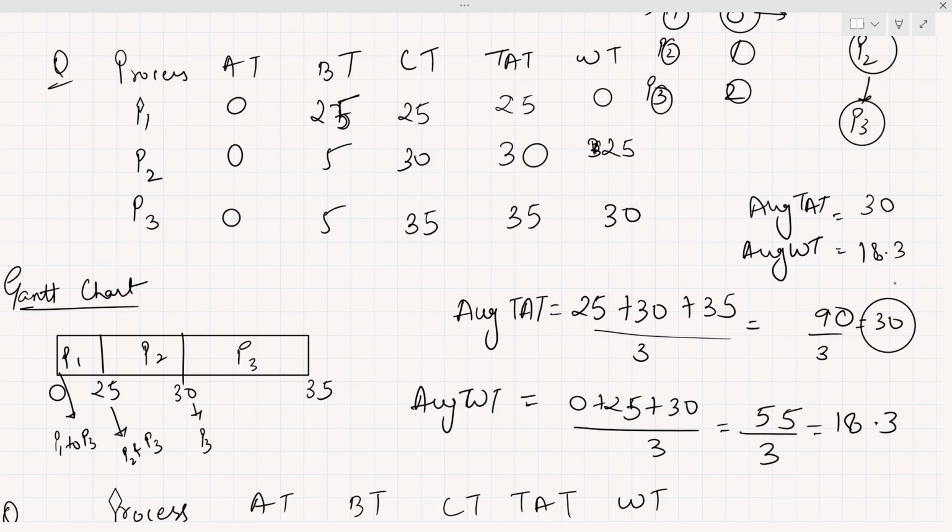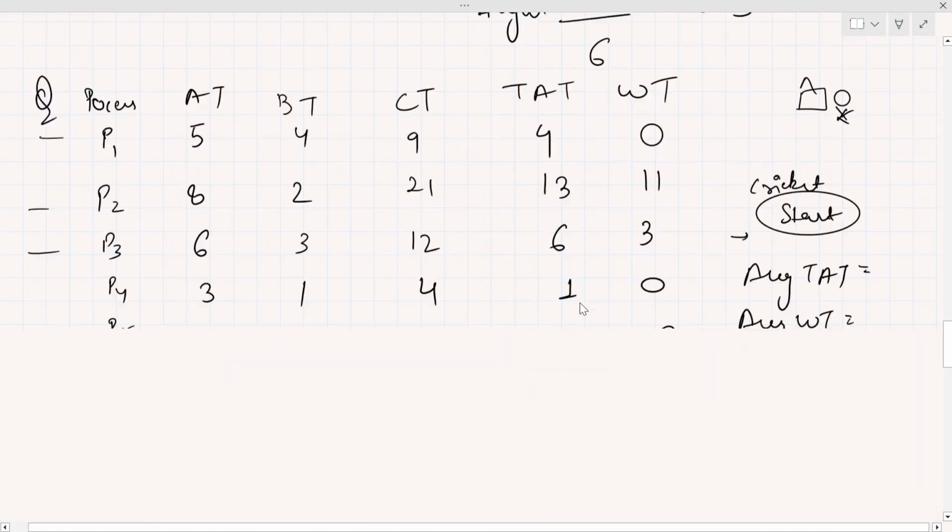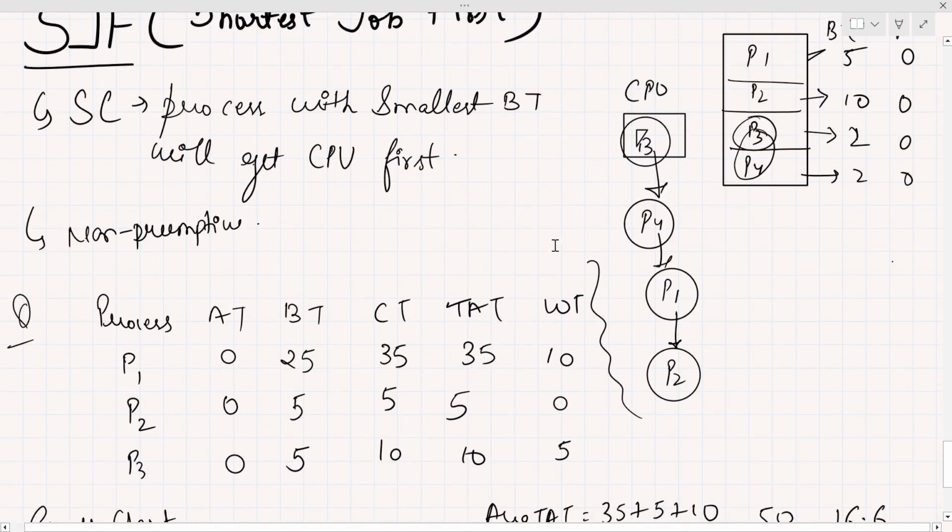That means shortest job first is better than FCFS. And the average waiting time in FCFS is 18.03, while in SJF it is 5. So there is a very high decline in average TAT and waiting time, so definitely SJF is better than FCFS.